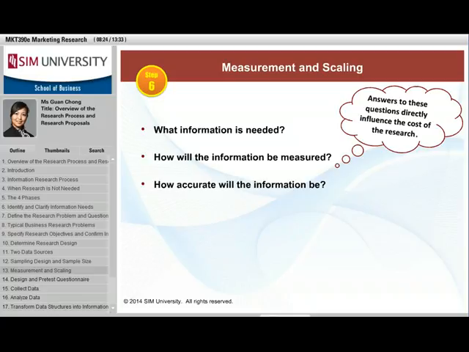How reliable does the information need to be? How valid does the information need to be? How does one ensure that the scale measurements are reliable and valid? What dimensions underlie the critical factors being investigated? And should single measures or multi-item measures be used to collect the data?